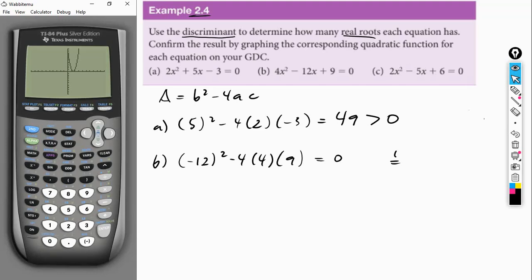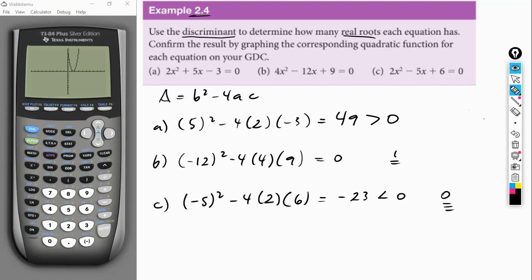And then for C, we would have that the discriminant is going to be minus 5 squared minus 4 times 2 times 6. And if you do the math, this is going to equal negative 23, which is less than 0. Therefore, this equation for letter C has 0 real solutions.